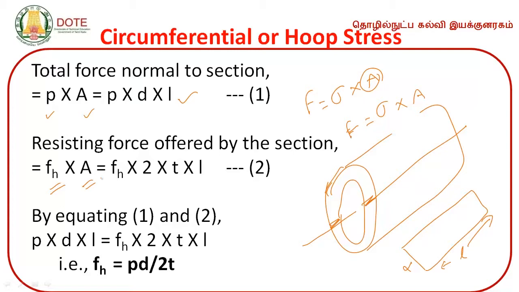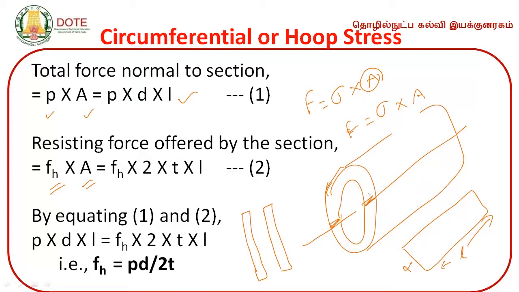Here the area is the length and thickness, and it is on two places, so it is going to be 2, the entire length into thickness.